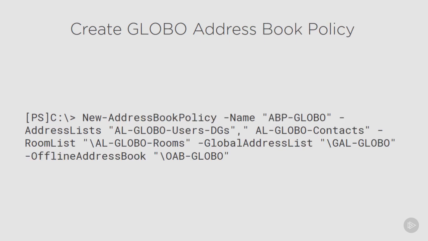Well, now that we have all of those address lists and global address lists and offline address book created for Globomantics, we can use the New-AddressBookPolicy commandlet to create the address book policy that includes all of those address lists. And you can see the parameters for including address lists, the room list, the global address list, and the offline address book.